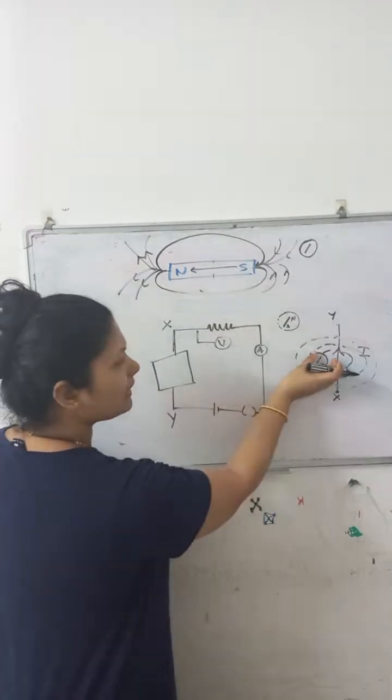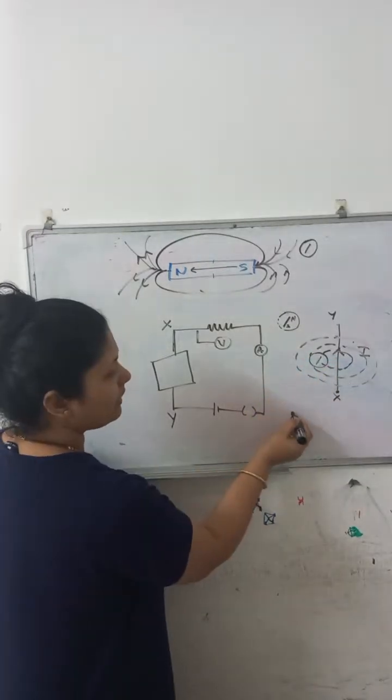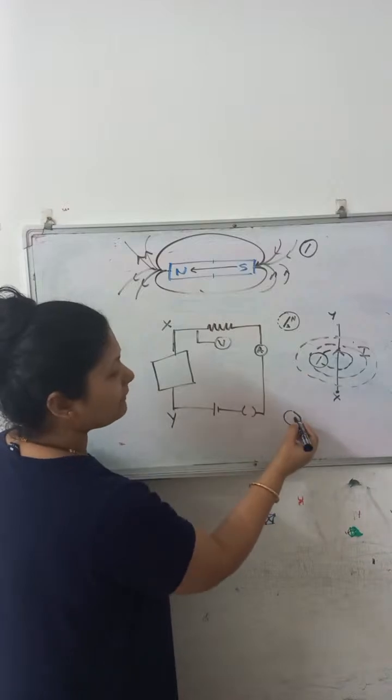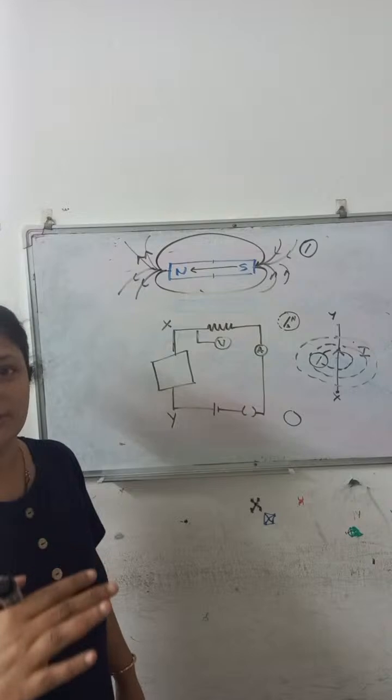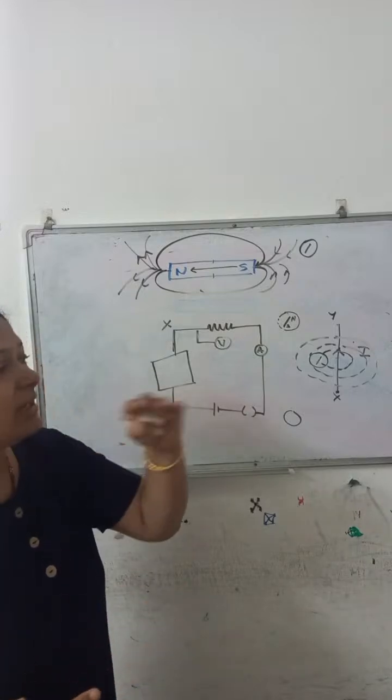Again, if you take this magnetic compass away from the magnetic field, slowly its deflection reduces, becoming less.